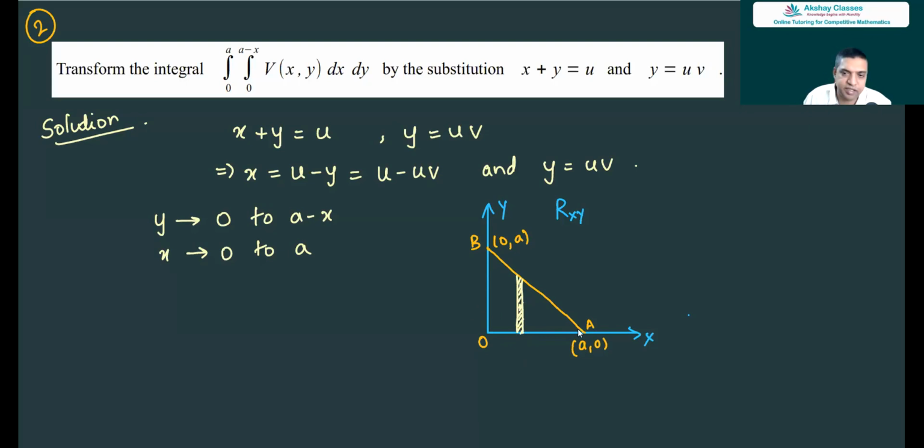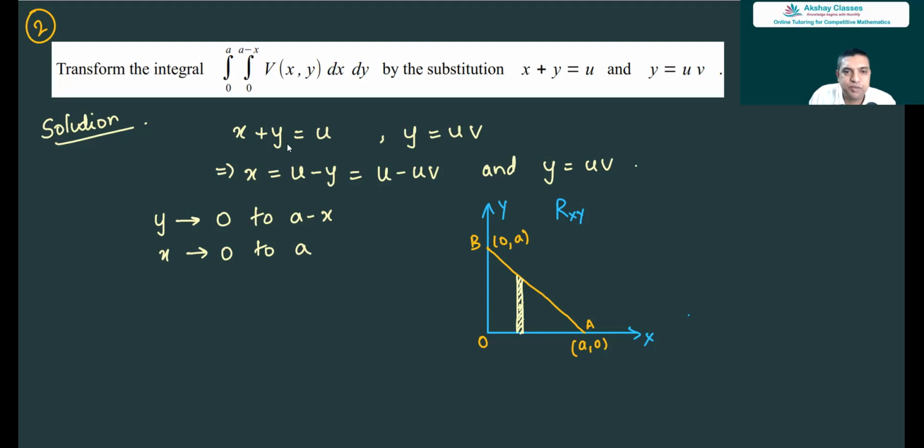So this is this region in our xy plane. Now, if we want to do this in the uv plane, we need to write the limits. So let us think of writing u and v in terms of x and y.